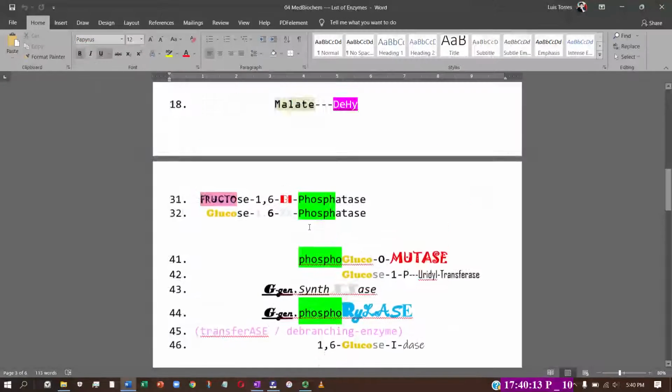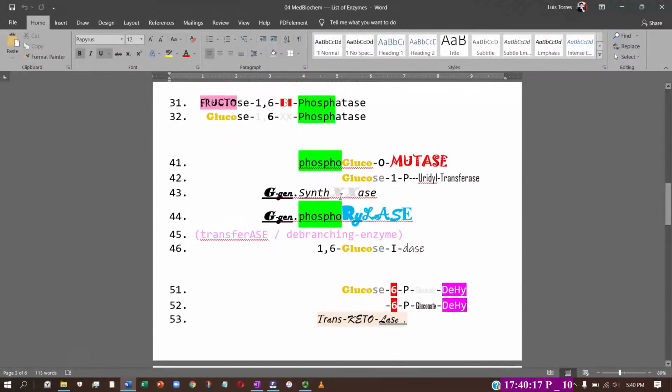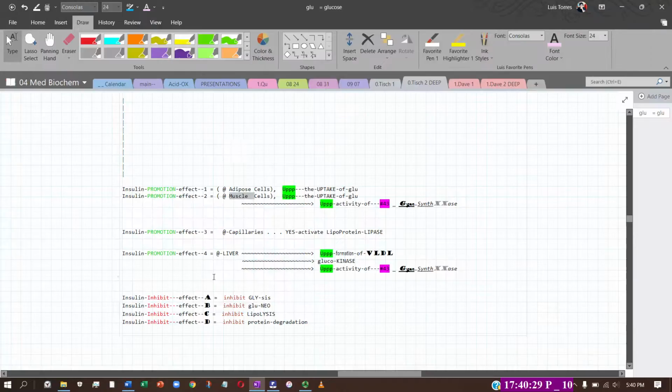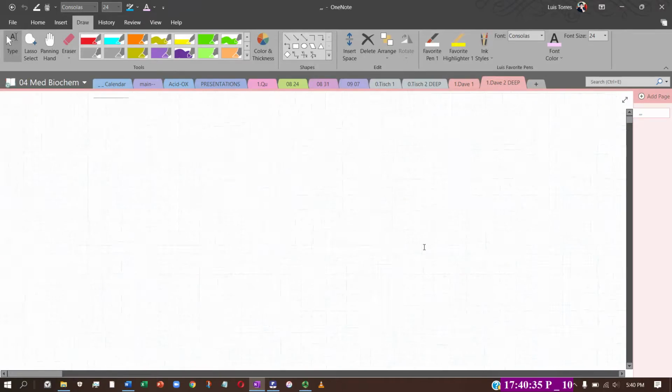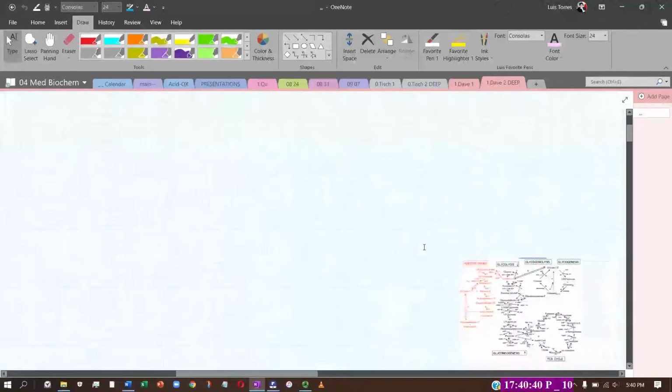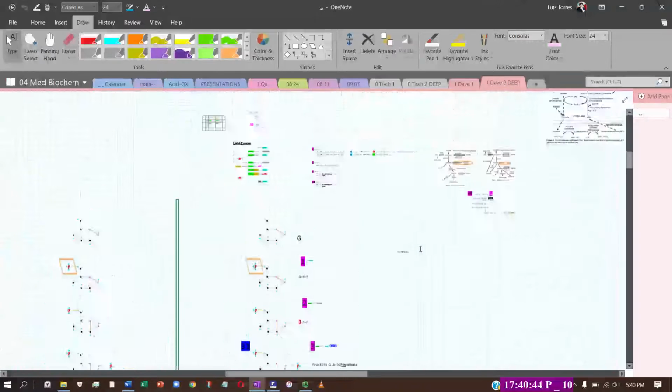Here you have number 43, glycogen synthase. Yeah, this is a good time to address it, otherwise it won't make sense. So that's in reference to enzyme number 43, which is right here.